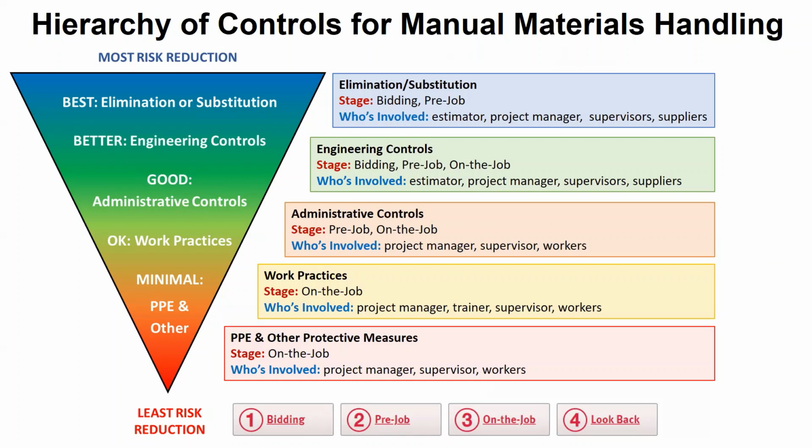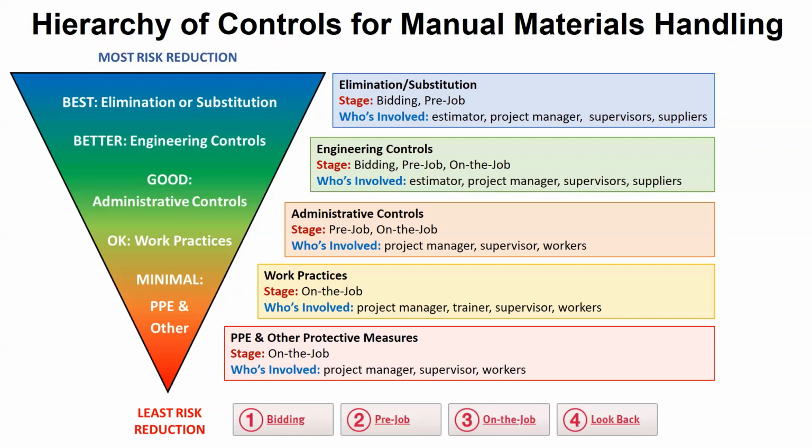While engineering controls can be revisited once work is underway, it's important to plan and budget for them at the bidding stage. As you move down the hierarchy to administrative, these controls are determined during the pre-job and on-the-job stages and involve the project manager, supervisor, and workers. Work practices are determined on the job and involve the project manager, trainer, supervisor, and workers.